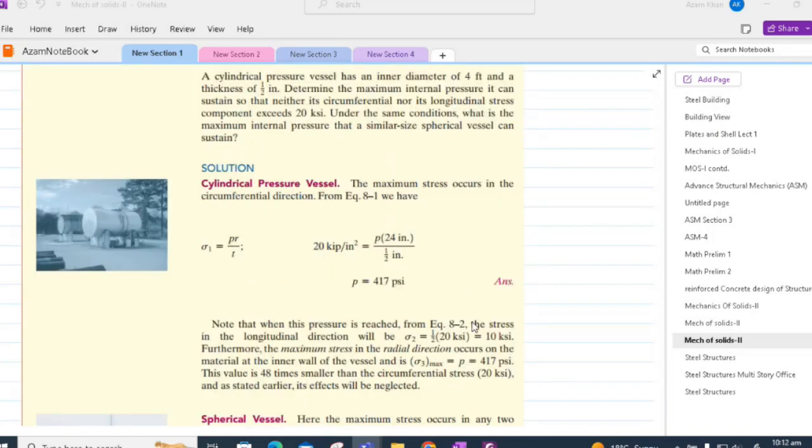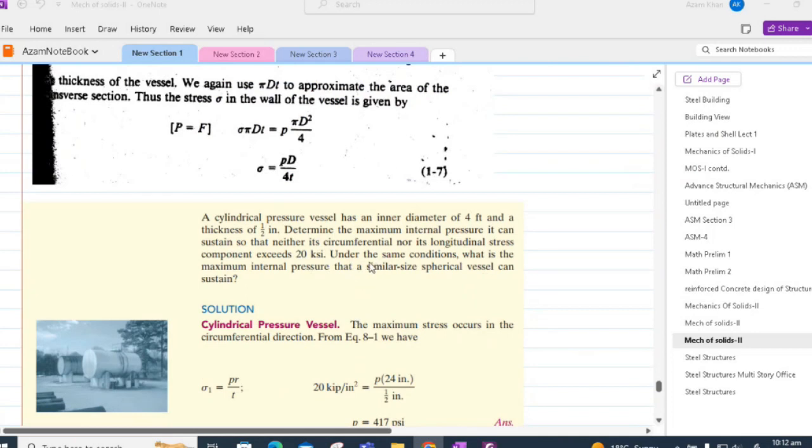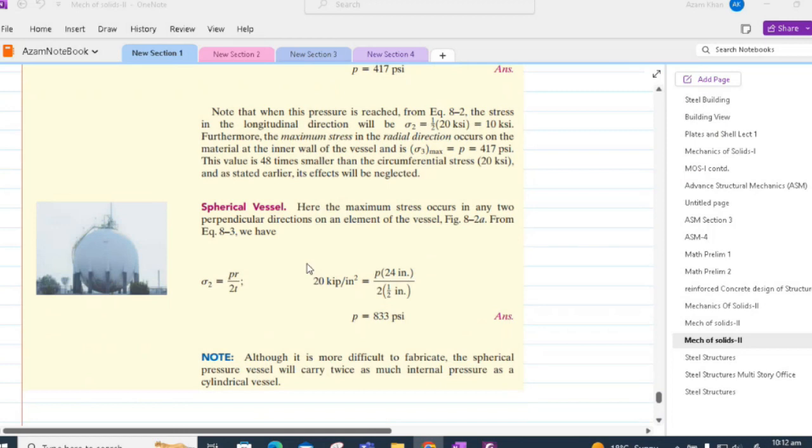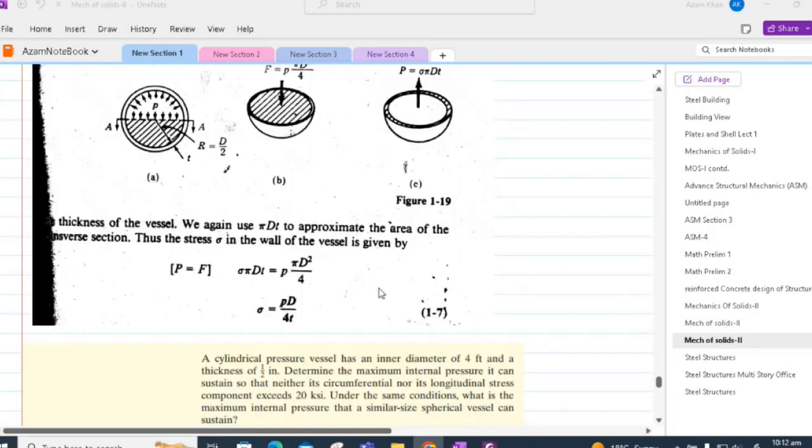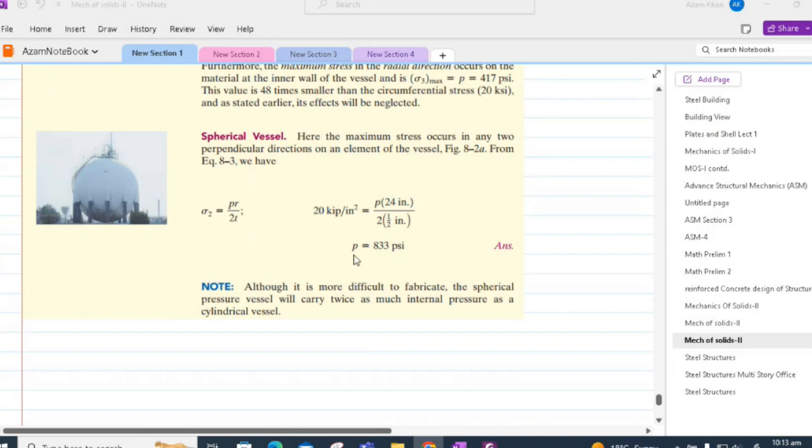Similarly, the stress in the longitudinal direction will be half of the tangential stress, which is 10 ksi. The second part of the question asks, under the same condition, what is the maximum internal pressure that a similar sized spherical vessel can sustain? In the case of a spherical vessel, again, we can use the formula derived earlier, and we get the pressure p equal to 833 psi.